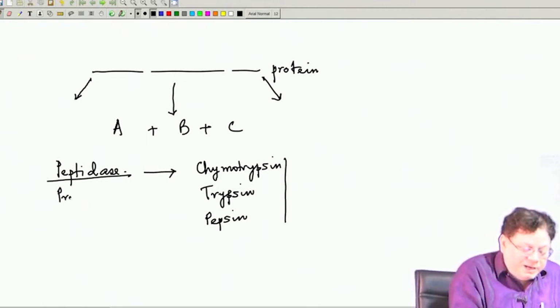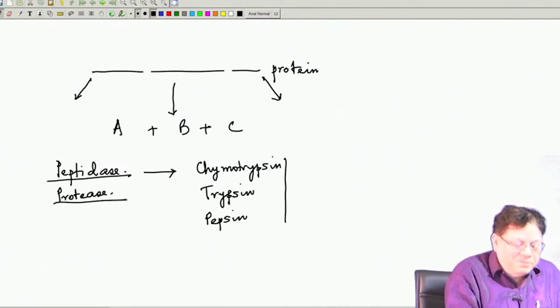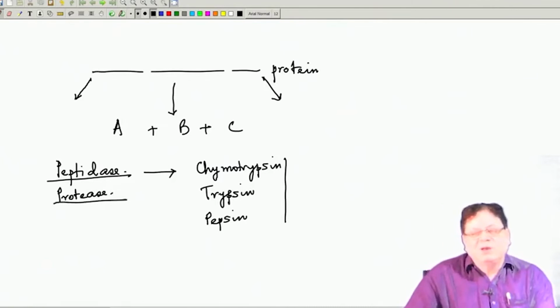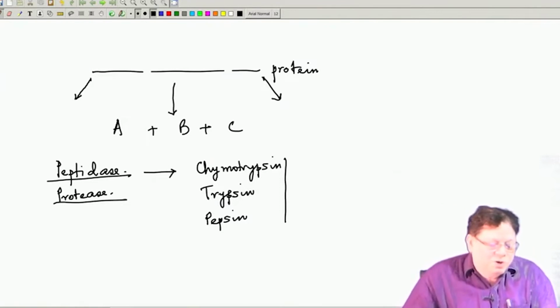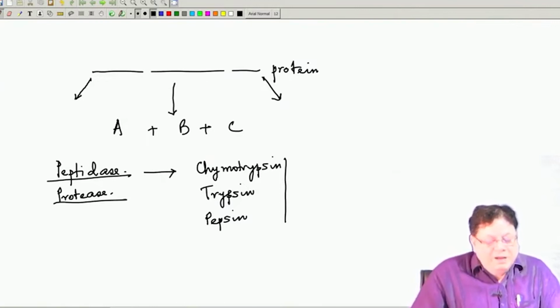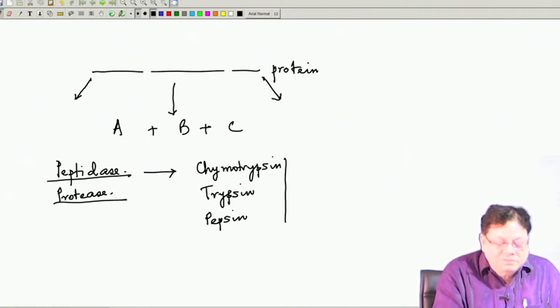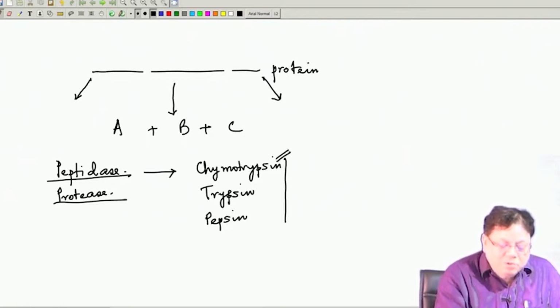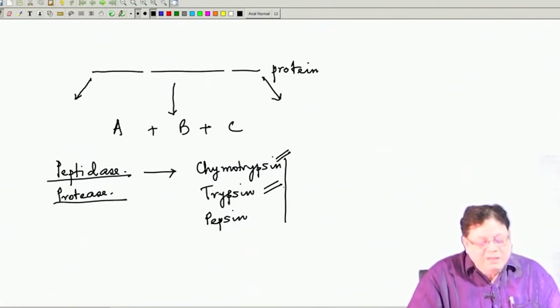You can also call them proteases, because they are breaking the peptide bond, breaking the protein into parts. Trypsin and chymotrypsin are the ones mostly used, because they are extremely specific.